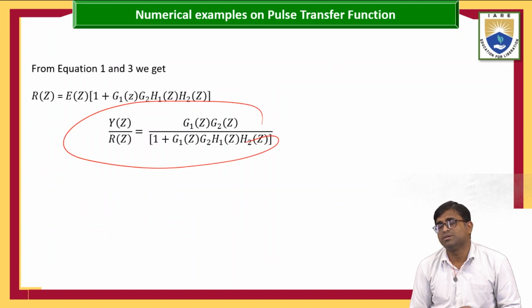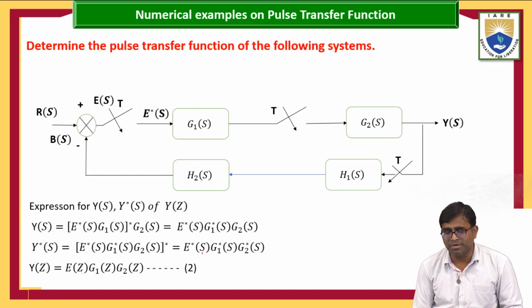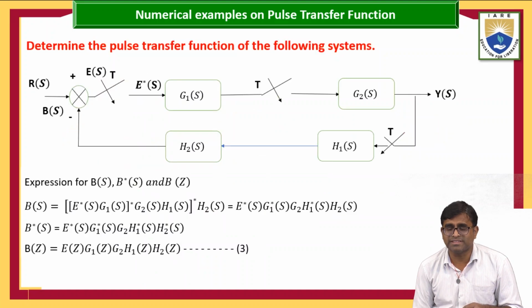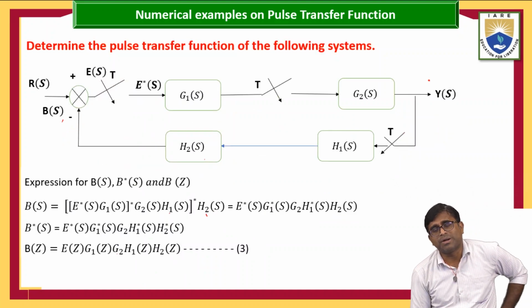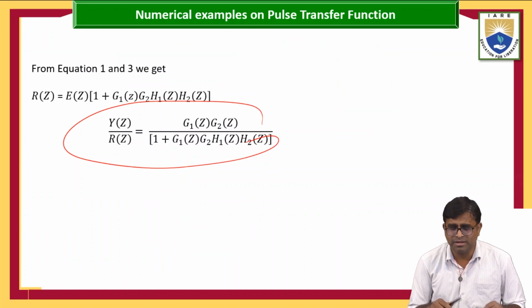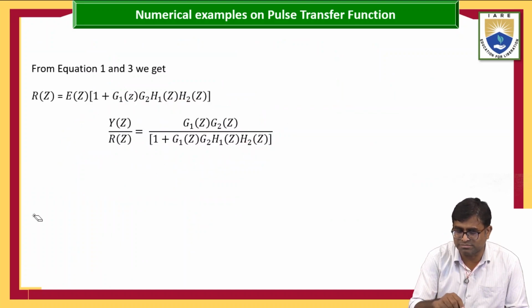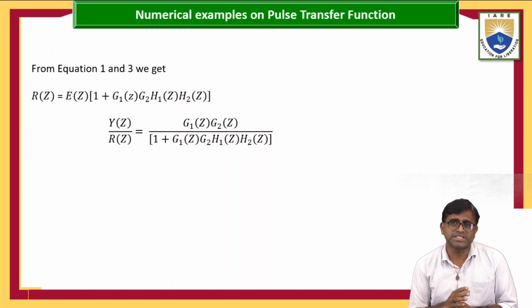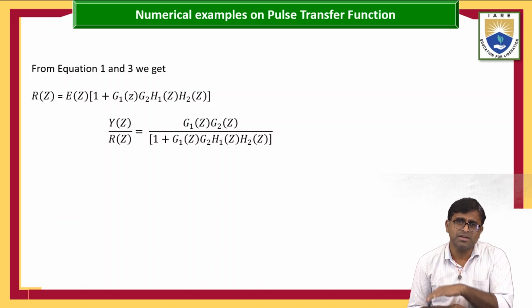That is the pulse transfer function. The diagram is the same, but I am adding one extra pulse between the two forward paths. So the pulse function changes. In the first problem, we saw the pulse function before G1 and the feedback path H1.